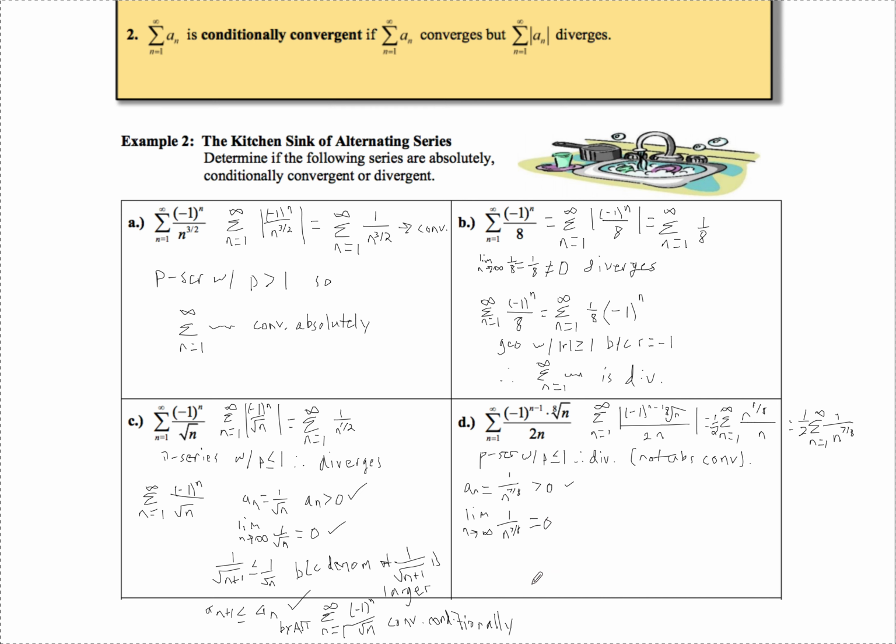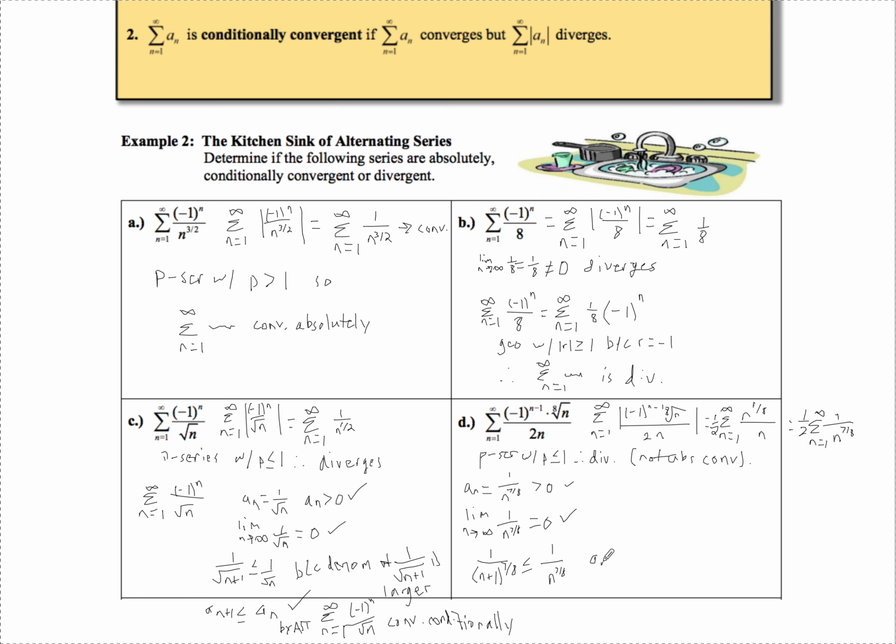does go to 0 as n gets bigger, and then we would have to check whether or not the terms get smaller. I'm not going to write everything out here, but 1 over n plus 1 to the 7/8 is going to be less than or equal to 1 over n to the 7/8. Why? Because the denominator here is bigger than the denominator over here.